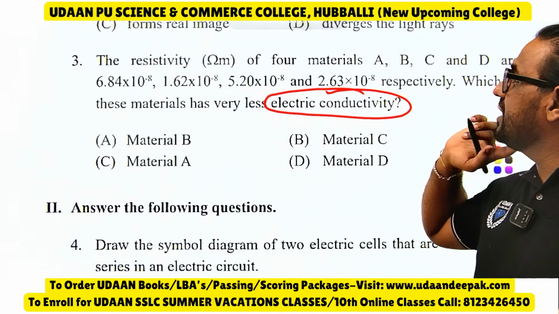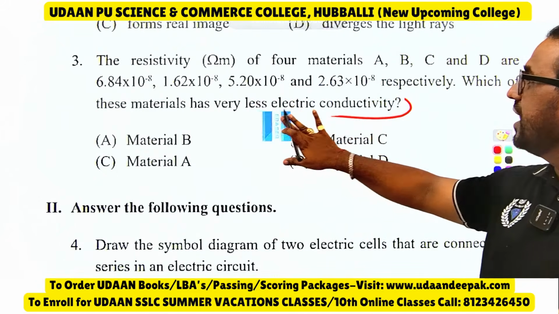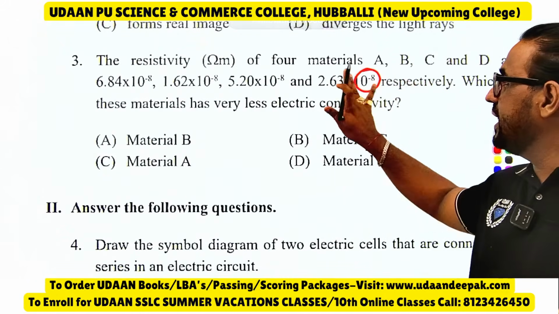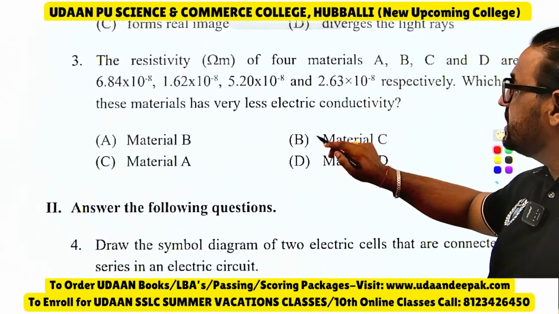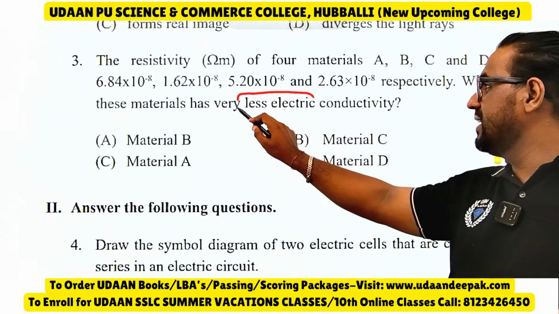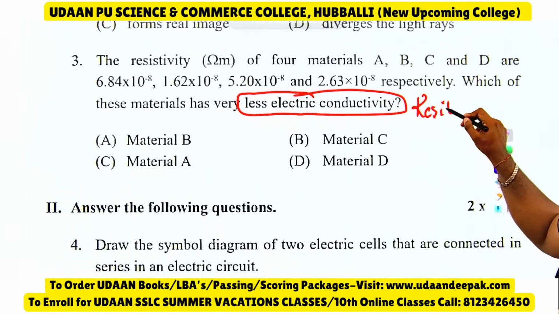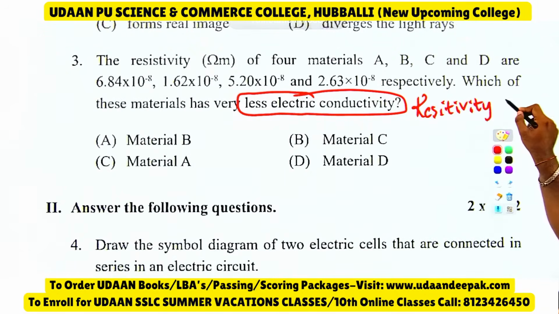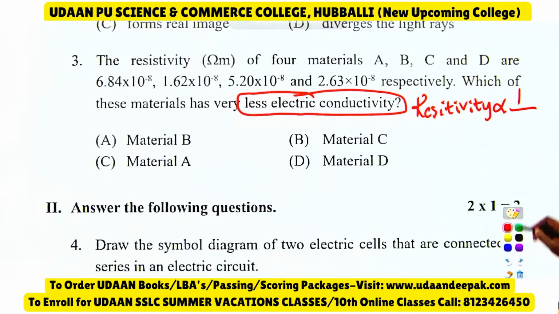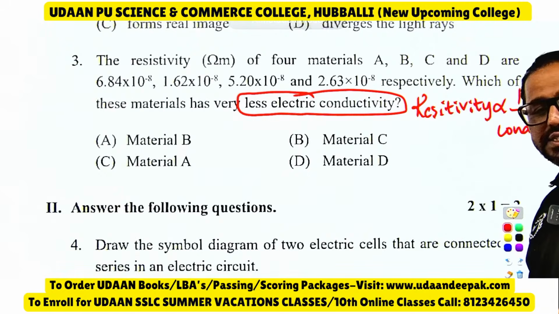So the biggest number is the answer, because all have 10 to the power of 8, so we need not worry. Remember, resistivity is inversely proportional to conductivity. That means conductivity is the reciprocal of resistivity.